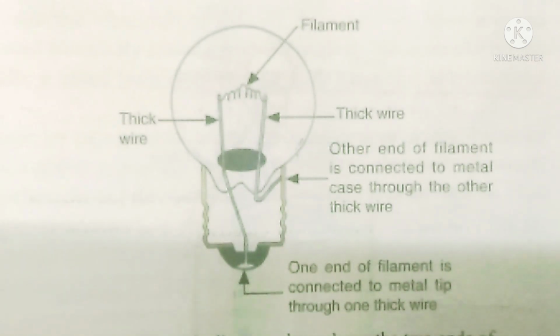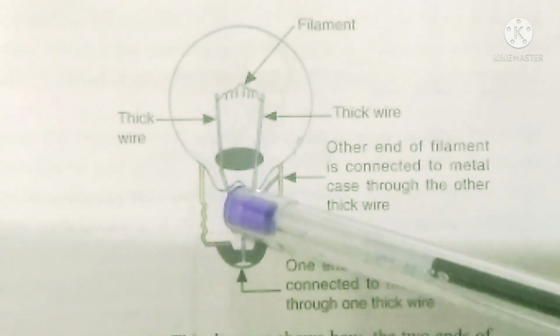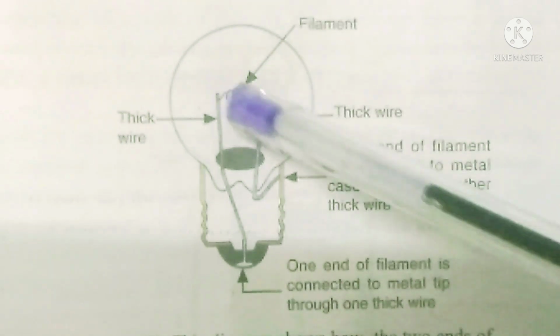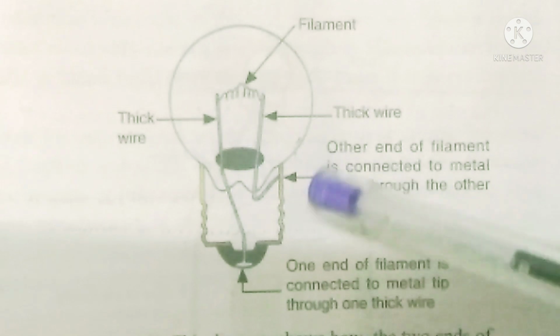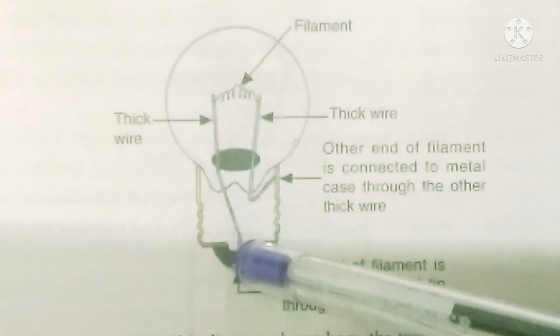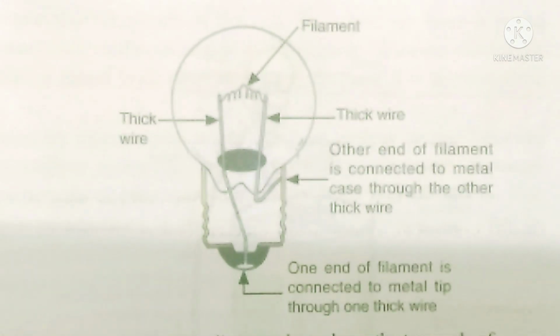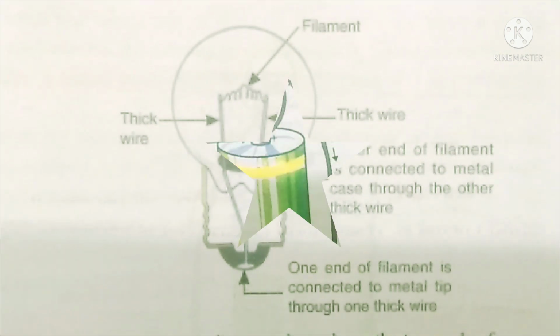So what happens when you connect a conducting wire here? From here electricity passes through these thick wires and comes back to the other side. So the circuit will be completed. Then the electricity starts flowing through it, and the filament will give heat and light. Okay, this is what we just discussed.